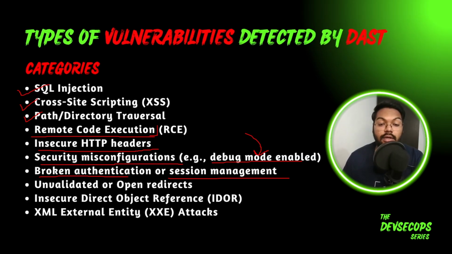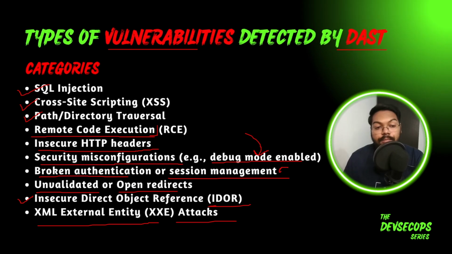So it would also check session management. And then unvalidated or open redirects, where you go to a certain page and it redirects to something else, would be detected as well. And then insecure direct object references, IDOR, and XML external entity attacks. So these are the different types of vulnerabilities you would get by DAST.